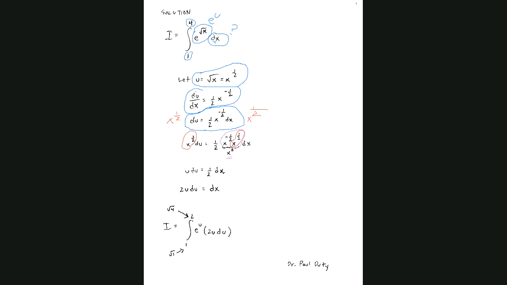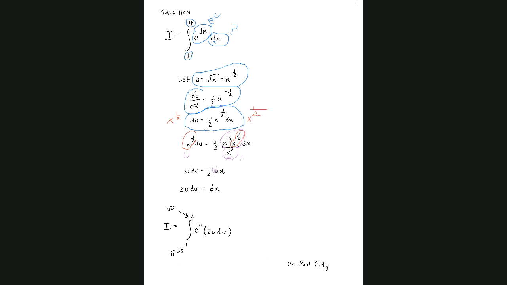So therefore, on the right side, I have 1/2 times 1 dx, because x to the 0th power is equal to 1. And then on the left, I have x to the 1/2 times du, but x to the 1/2 was equal to u; we let u equal x to the 1/2 in the substitution.